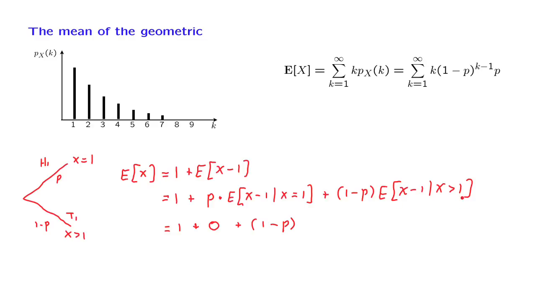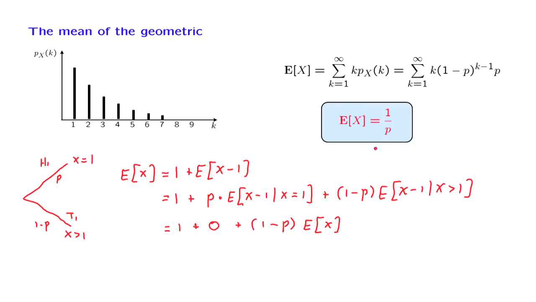So this expectation here must be the same as the expectation of an ordinary unconditioned geometric random variable. And this gives us an equality. Both sides involve the expected value of x, but we can solve this equation for the expected value, and we obtain the end result that the expected value is 1 over p.